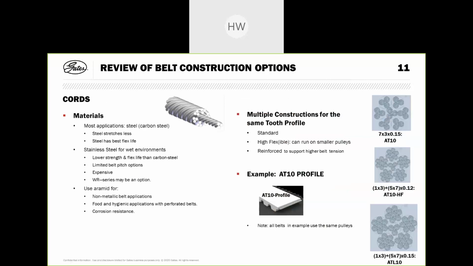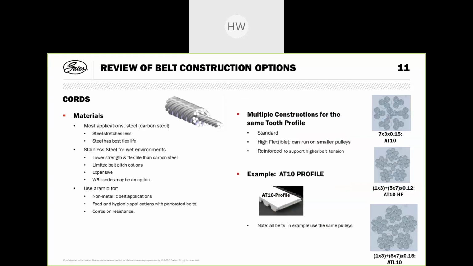We have to respect that stainless steel shows lower strength and lower flex life than carbon steel, so we have to respect reduced technical values. And also, since stainless steel is a quite expensive product, we only produce limited pitches, pitch range with the stainless steel cord.